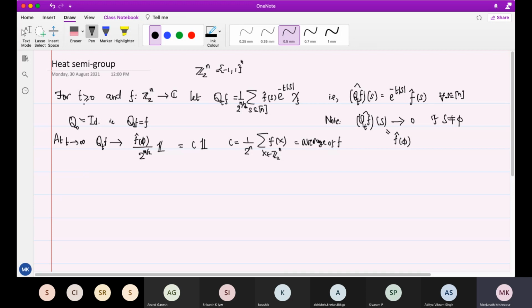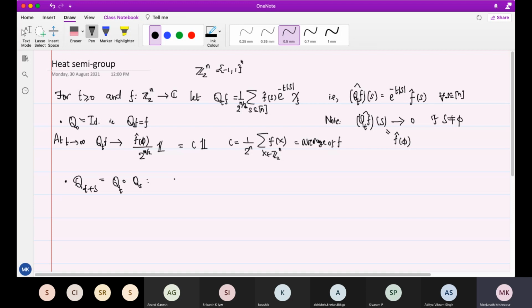But what is this semigroup business? Semigroup is the following: Q t plus s. So this is one property that we see. And then we also notice that Q t plus s is Qt compose Qs. This is why it is called a semigroup.